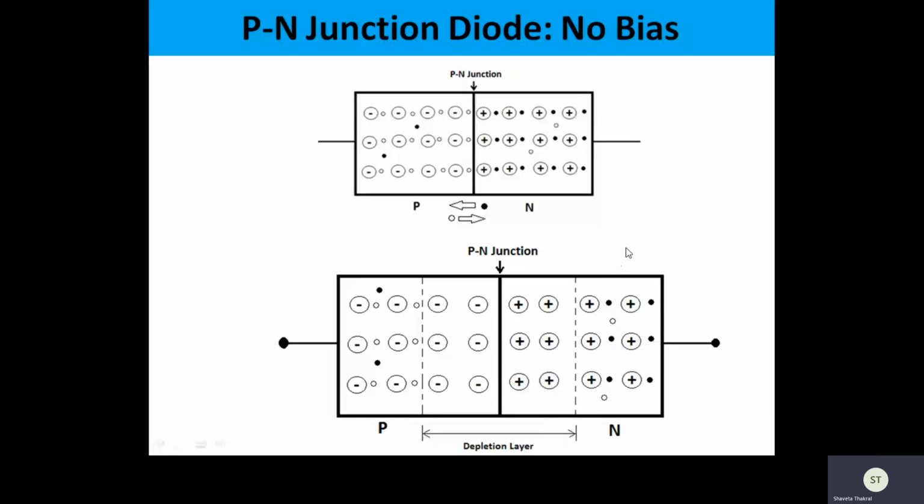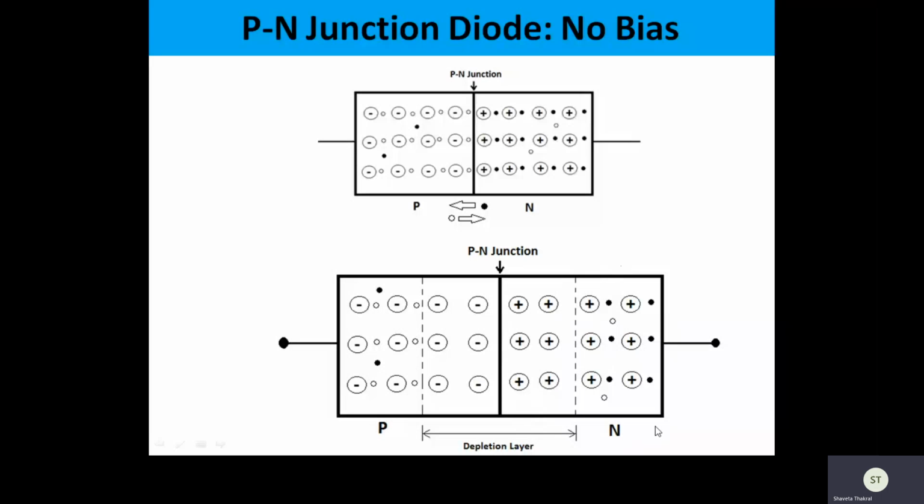That means the further movement of free charge carriers, that is holes from P to N as well as electrons from N to P, gets stopped once the equilibrium is maintained at the junction, and that is the point where the depletion layer gets formed and a potential barrier gets created.